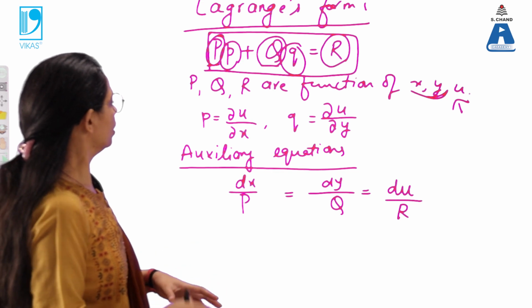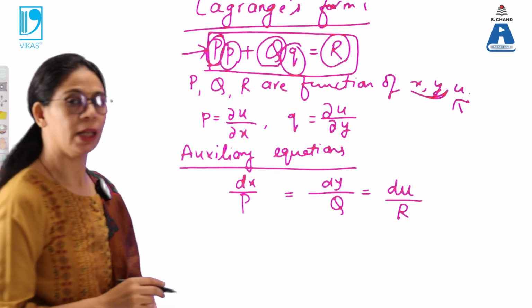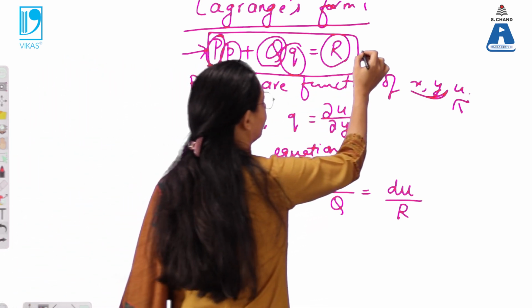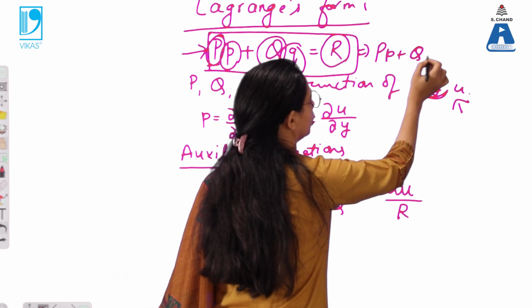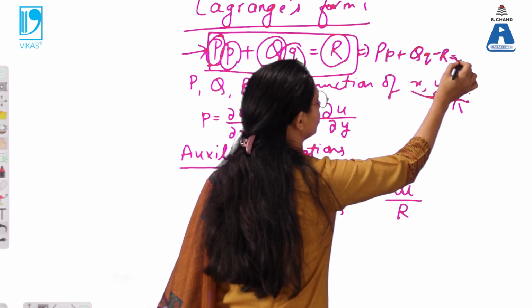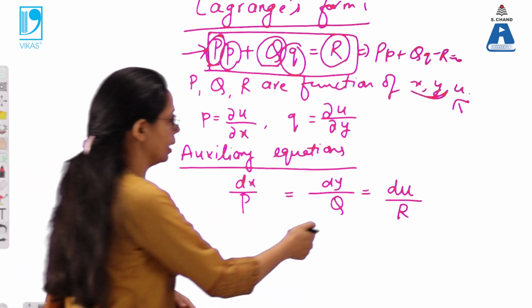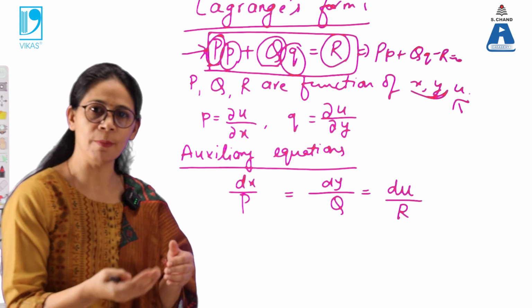Now we must remember that the partial differential equation should be strictly in this form. Suppose it is in the form capital P small p plus capital Q small q minus R is equal to 0. Then we need to convert it into the form Pp plus Qq is equal to R, because otherwise there will be a difference of a minus sign.